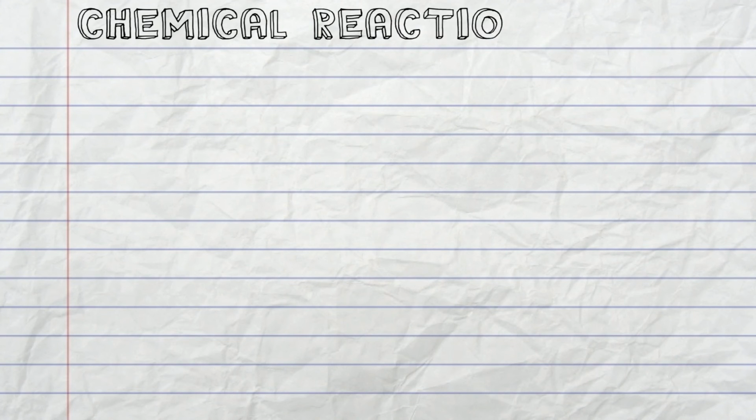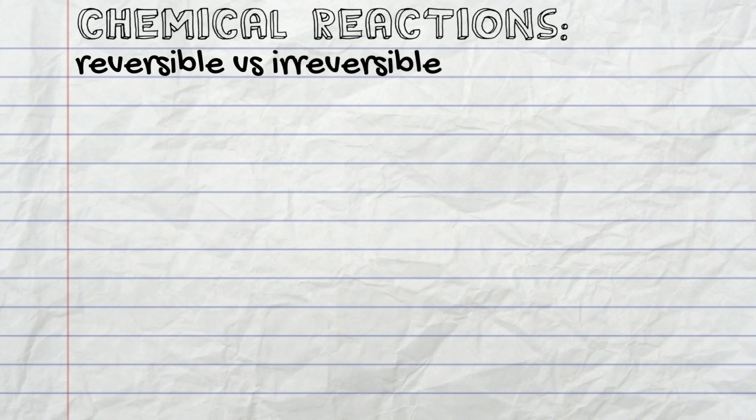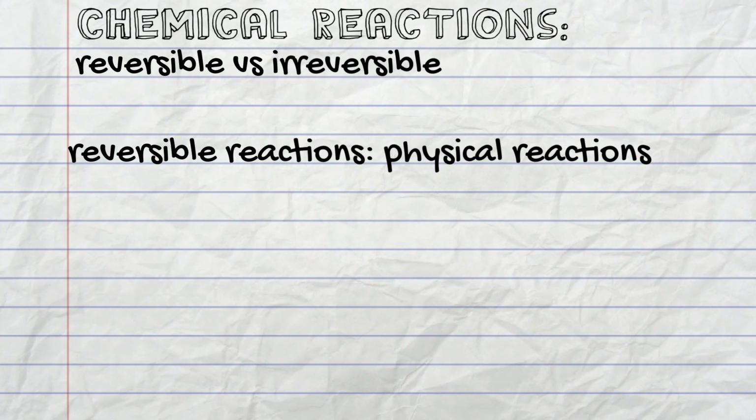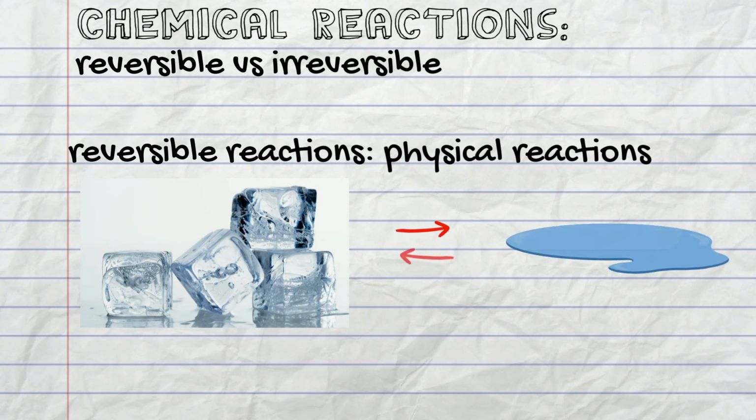Now let's discuss the final topic in this video, which is chemical reactions. Chemical reactions are sometimes reversible and sometimes not reversible. Reversible reactions are like the physical changes we talked about, such as ice turning into water and water turning into ice.